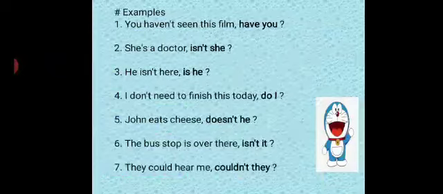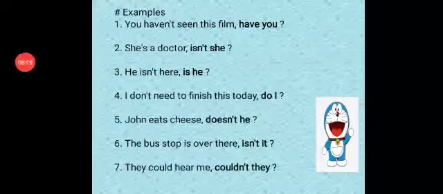That's what I had told you in the previous slide, correct? Yes. Let's see one more example. He isn't here. Is he? No, he is not here. Isn't means is not, correct? Again, the given statement is negative, the tag is positive.